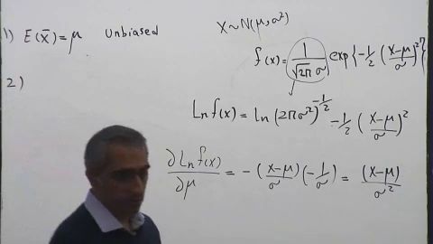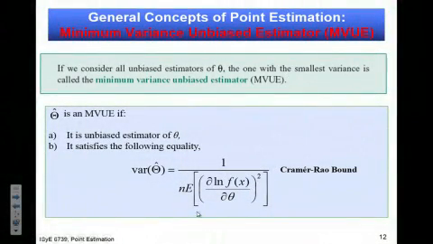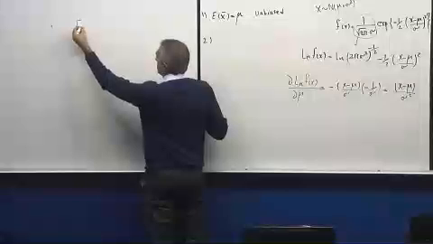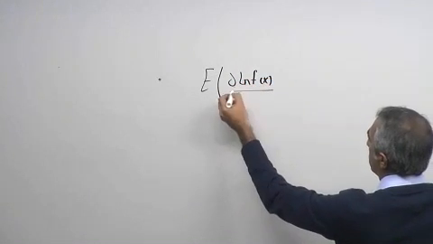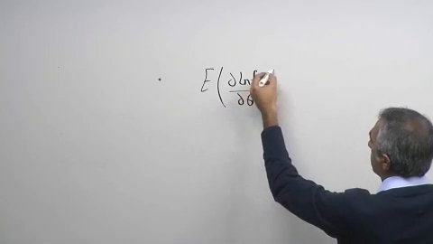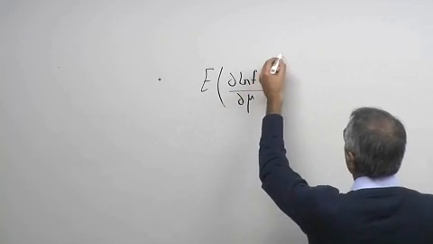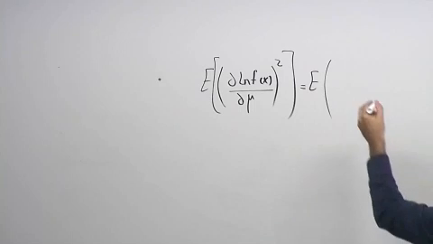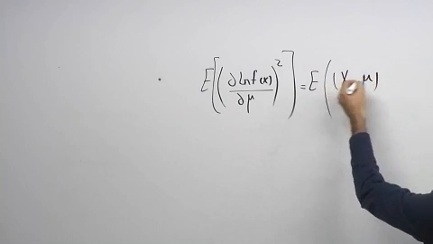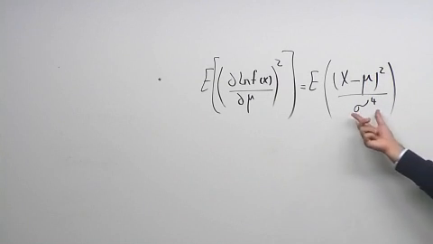Then I need to square that, okay, this guy here, square that, and then take the expected value. So the expected value of this term in our case is x minus mu squared divided by sigma to the power of 4. So this guy is constant.